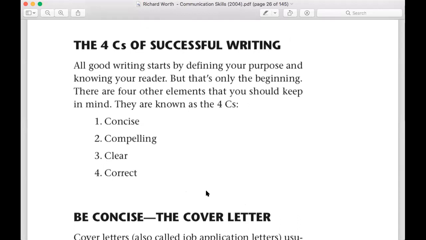As an example of how to be concise, we are going to look at a cover letter, and we would do some reading activity also. I'll show you a sample cover letter, and as an activity you would be producing one.